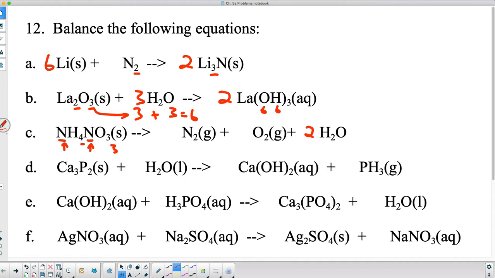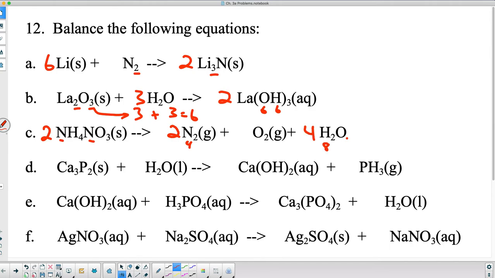The next part of this is 3 oxygens. Here I have 2 oxygens plus another 2 means 4 oxygens. Always an issue with the oxygen. So here's what I do. I start to double things because it always seems to work. I have 2 N's and 2 N's gives me 4 nitrogens, so I put a 2 in front there to get 4 nitrogens. 2 times 4 H's gives me 8 H's.